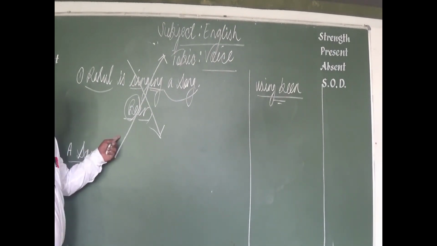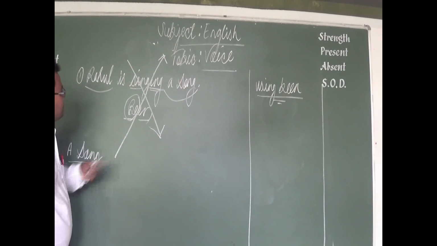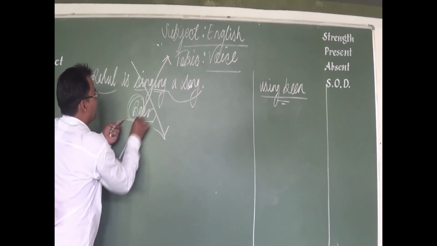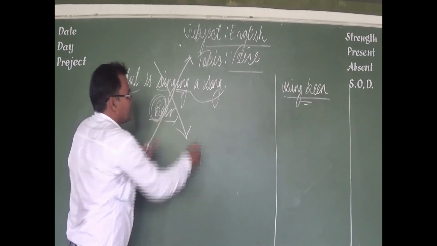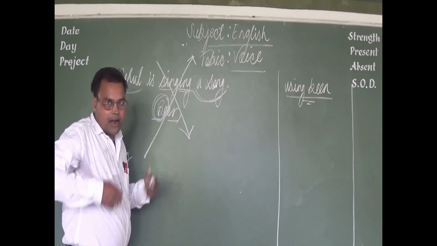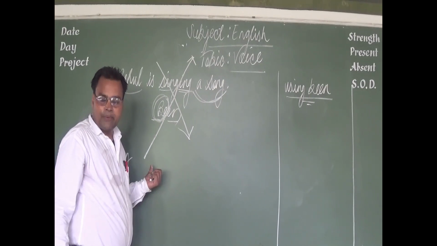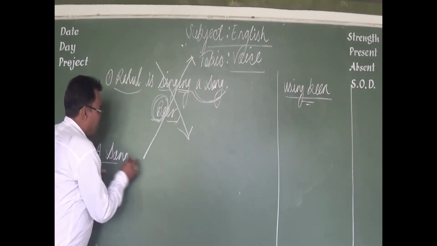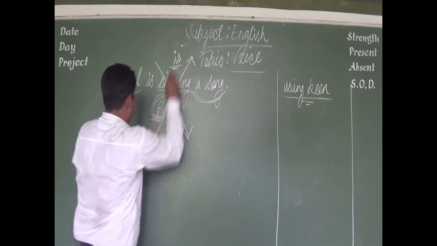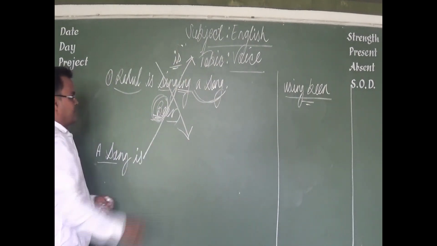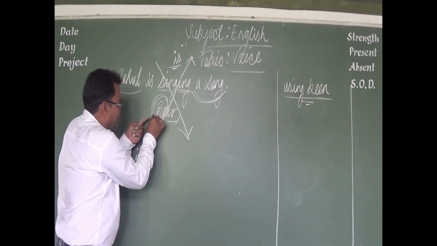So, what can be the helping verb? Be means helping verb. What can be the helping verb? Because a song is singular and we are talking about present continuous, so a song forms up to be is. Okay, a song is. Then what we have to add?